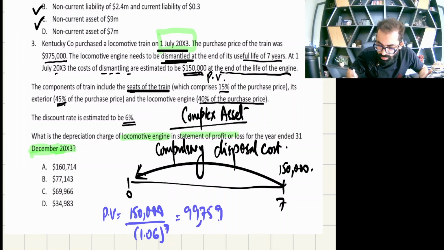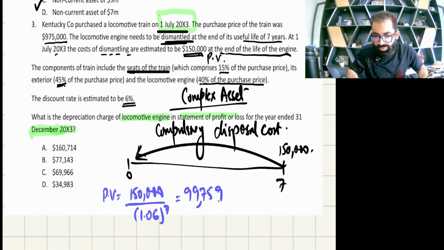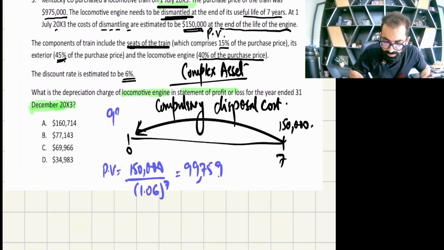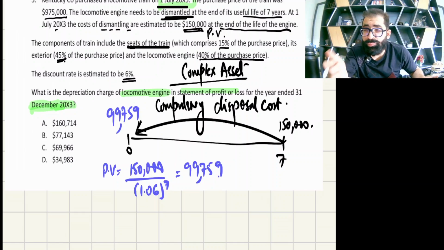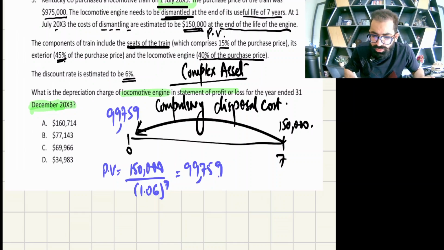Okay, so this will be capitalized. This 99,759 will be capitalized. If you want to make the entry: PPE debit, property plant and equipment debit, and provision credit. So this is part of your asset.